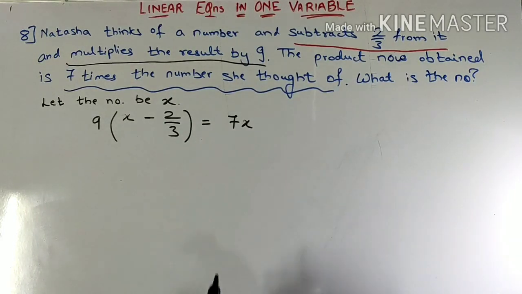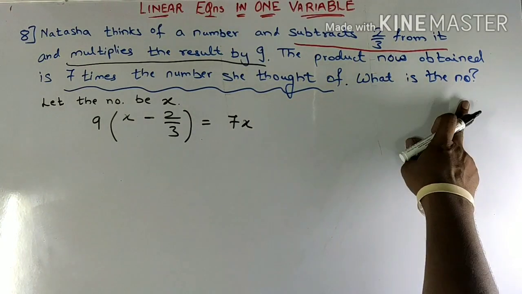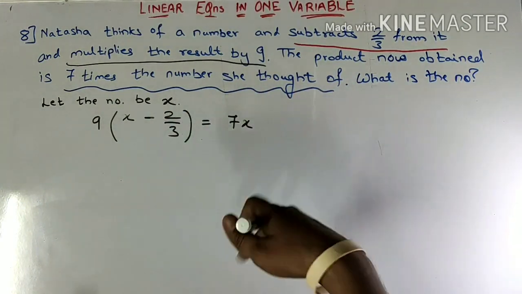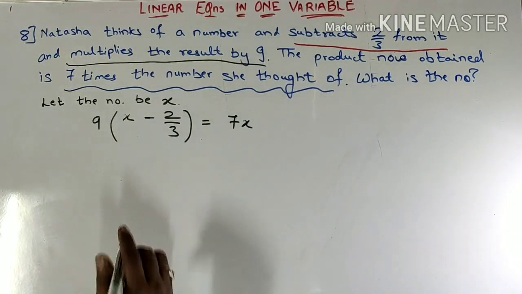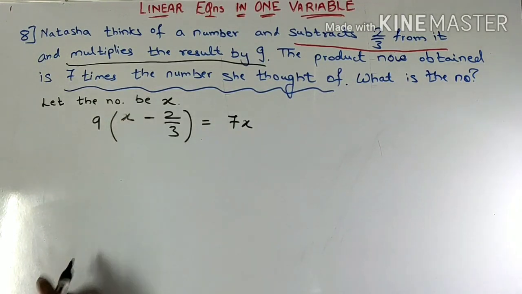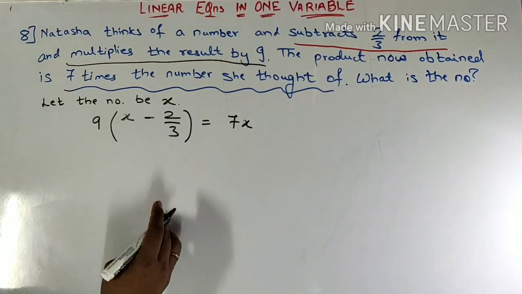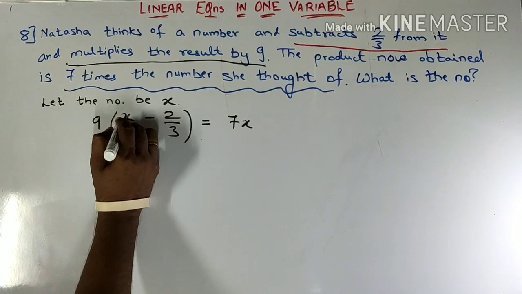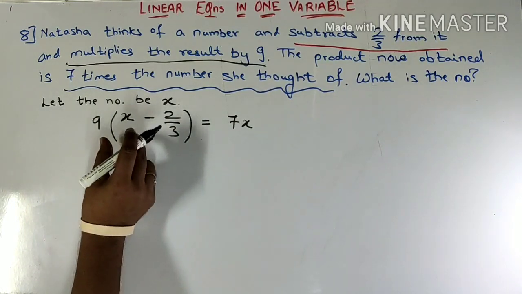So the given condition is this. We are supposed to find the value of x, the number we have assumed as x. So whatever the value of x is, that will be the answer to this problem. Let's simplify. You may simplify it along with me also, because we have solved a lot of problems till now. Multiply this 9 with both the terms of the bracket.